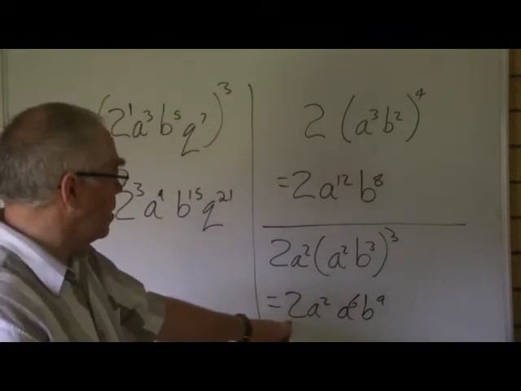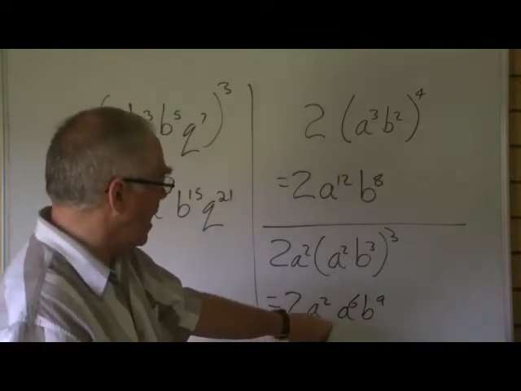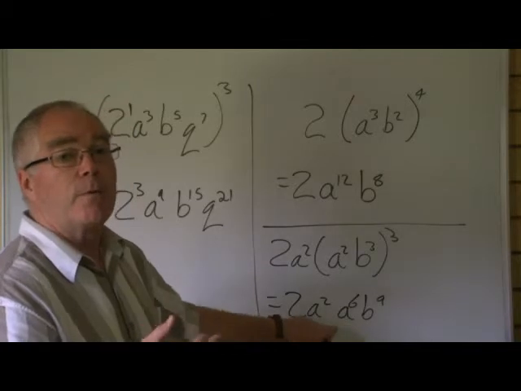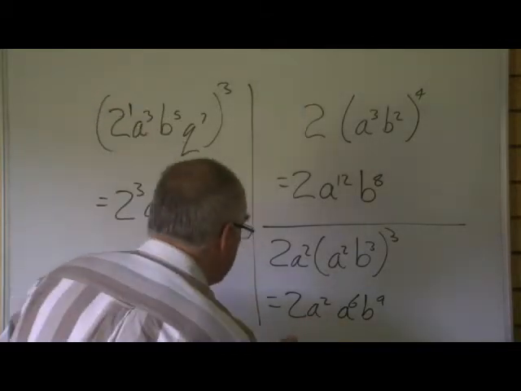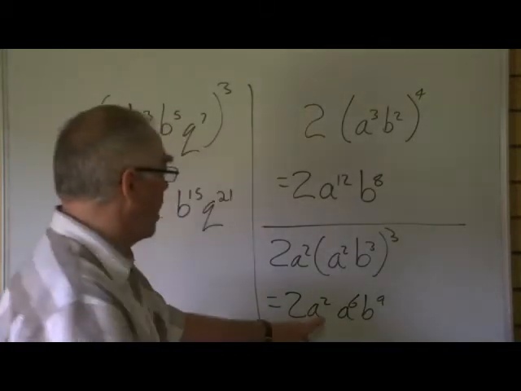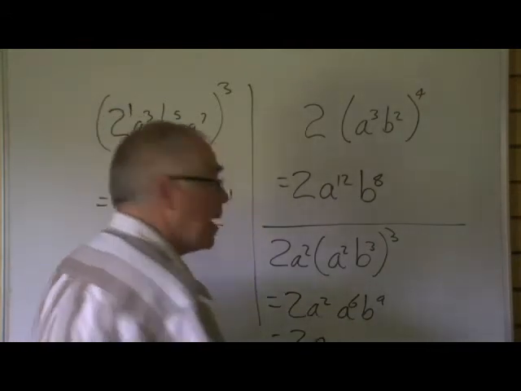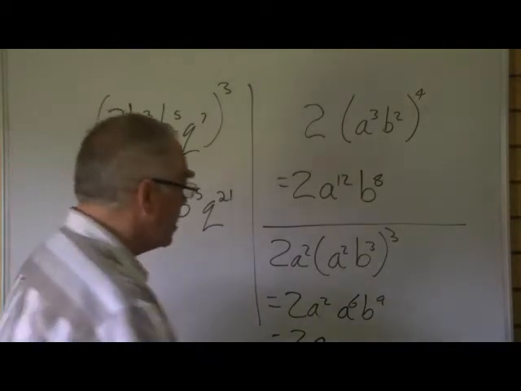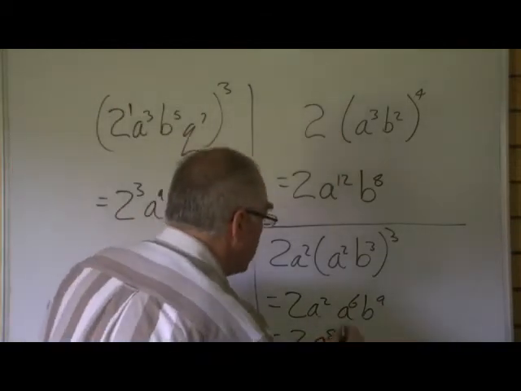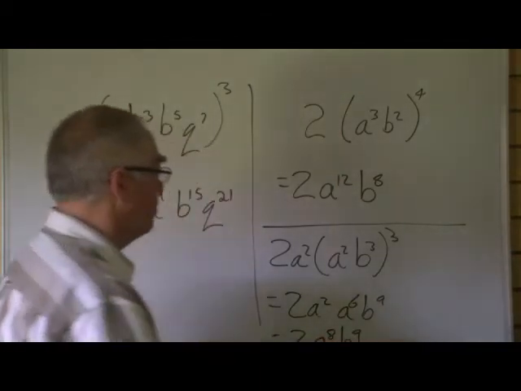Now we've got something where we've got a's here and a's here, so now we'll resolve those. We're using the multiplication law. a to the power of 2 times a to the power of 6 is a to the power of 2 plus 6, which is 8, times b to the power of 9. Done.